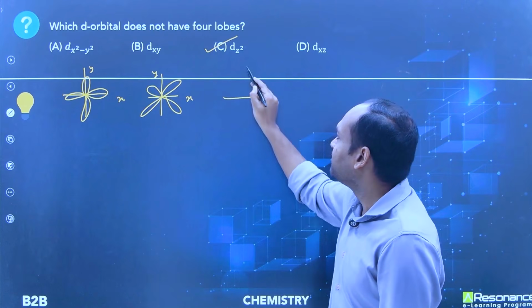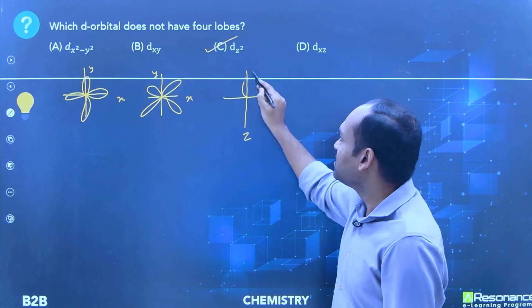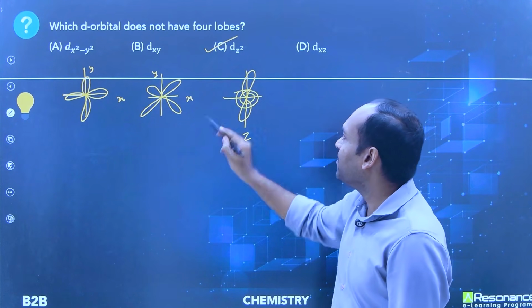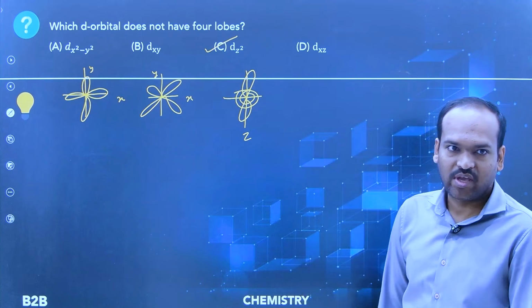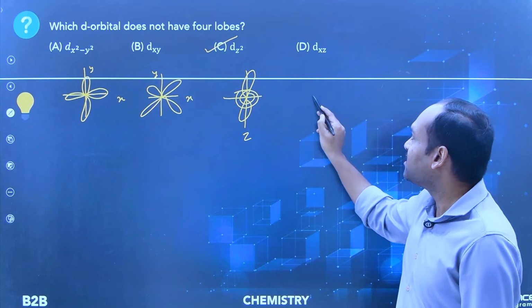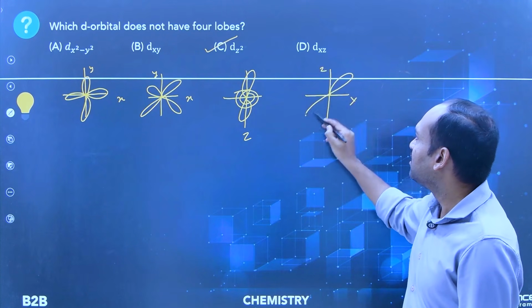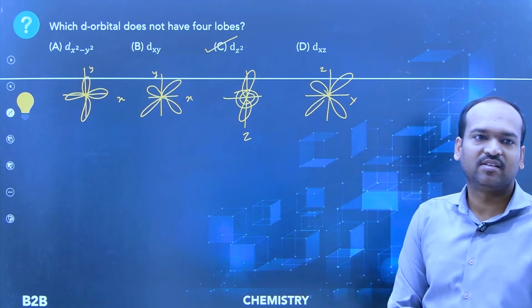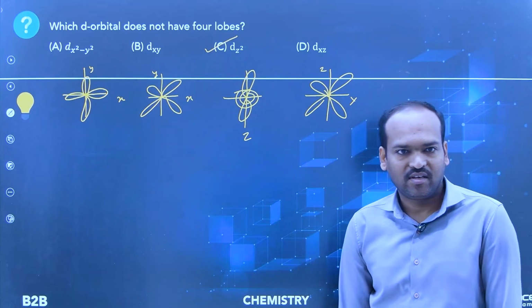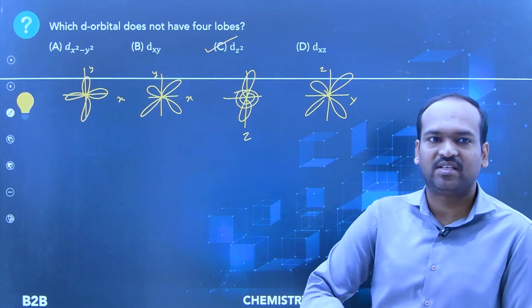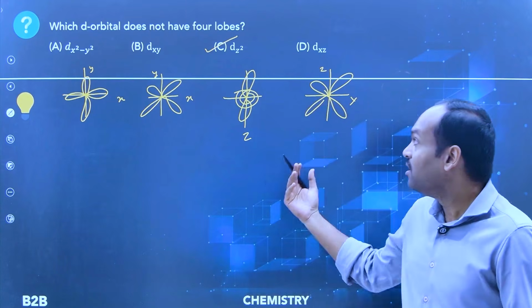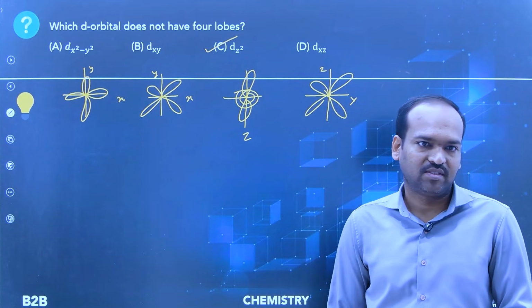Dz square has a ring in the xy plane. And dz is again on the axial. If we remember this, we can answer shape questions easily.